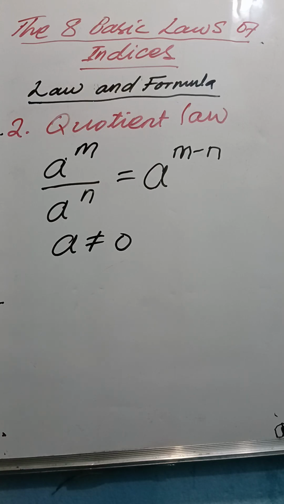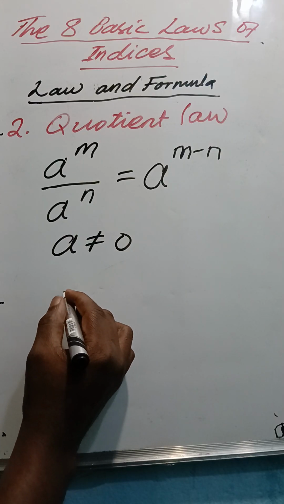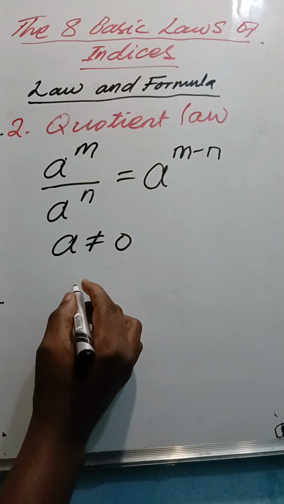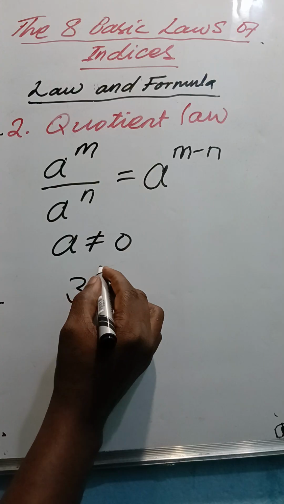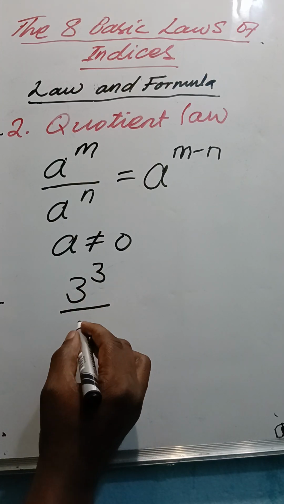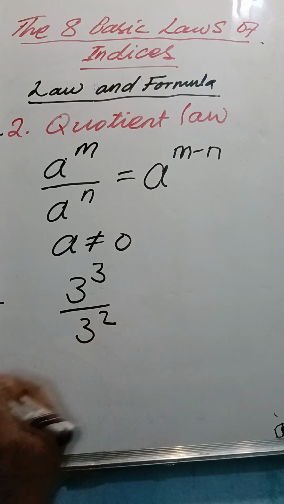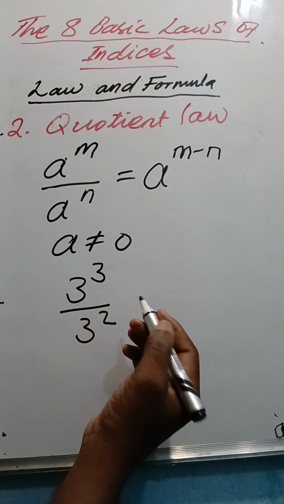So next, we are going to give a practical example. Let's say 3 to the power 3 was divided by 3 to the power 2. So what would be the answer here?